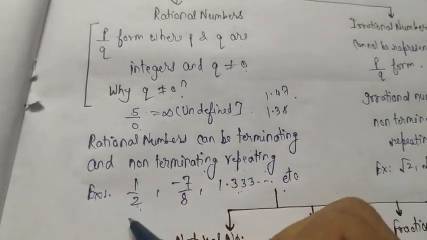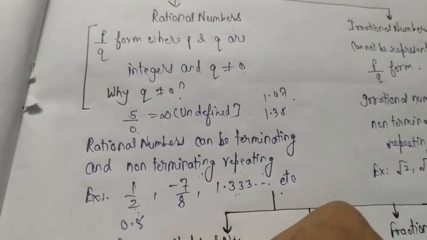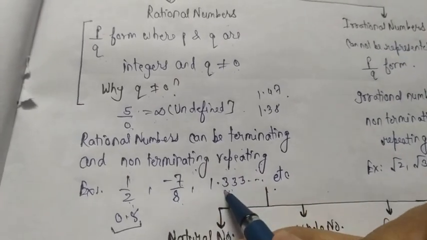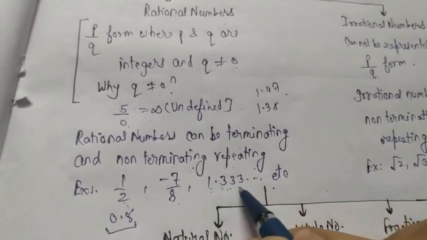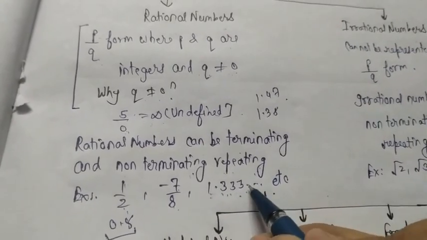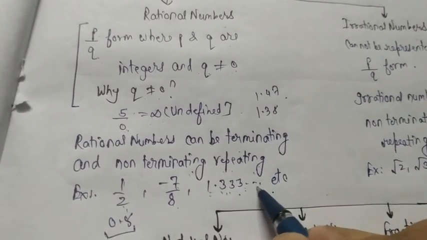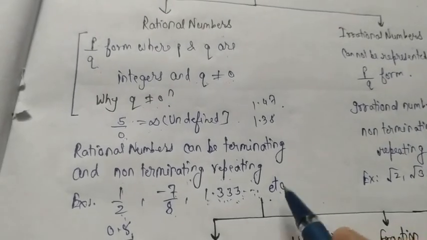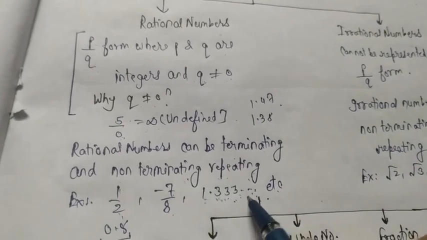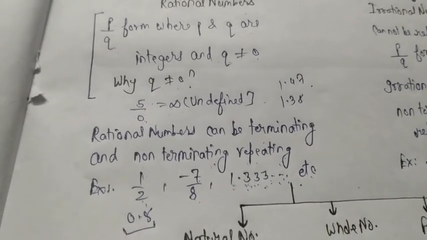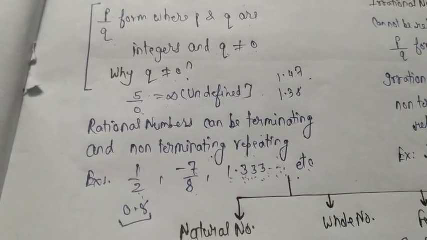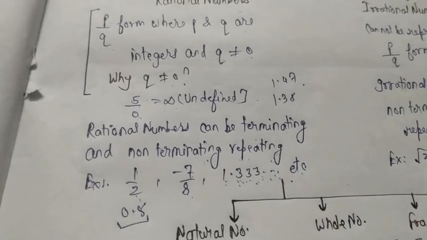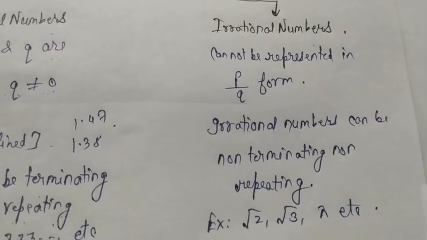When you solve it, you will get 0.5. So it has terminated. Similarly, this will also be terminated. But in this example, 1.333 dot dot dot. What is the meaning of dot dot dot? Means this number will go on up to infinite times, and a particular digit is repeating. That's why we say that rational numbers can be terminating also, and they can be non-terminating repeating also. Okay, so this is the classification of rational numbers.